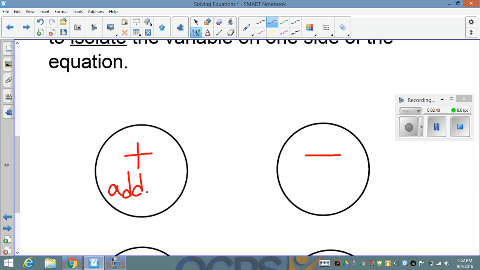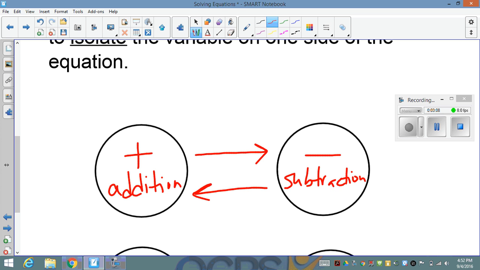So if you are solving an equation that has addition, you're going to use subtraction to undo it. Okay? If you have an equation that has subtraction, you're going to use addition. They're inverses of one another.